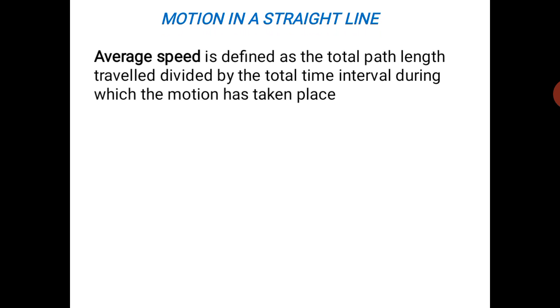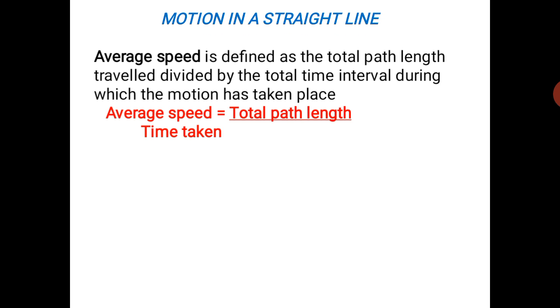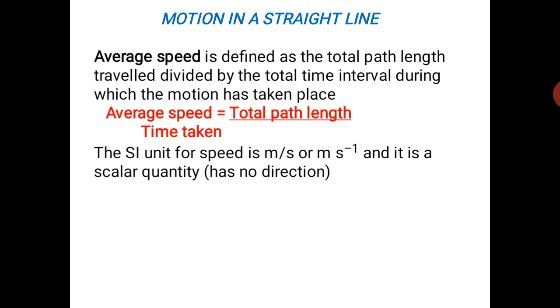So now we have to discuss the average speed. Simply, speed means distance by time, velocity means displacement by time. So average speed means the total path length, or the total distance traveled, divided by the total time taken to complete that path.